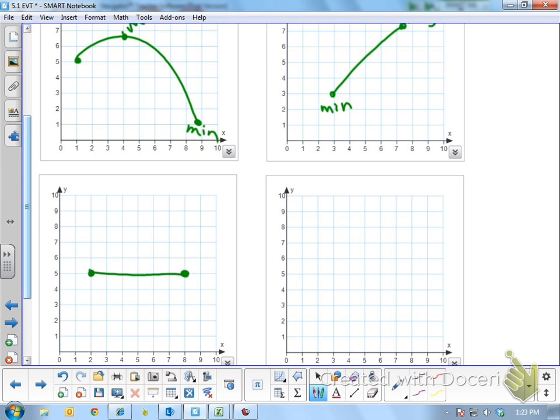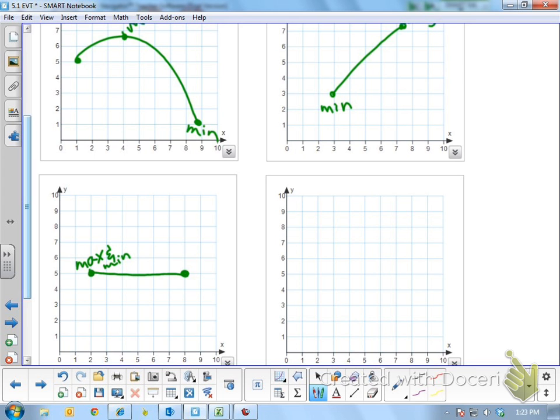They happen to be the same value, but this is still considered a max and a min. It's greater than or equal to all the points around it, and it's less than or equal to all the points around it because it's equal to.